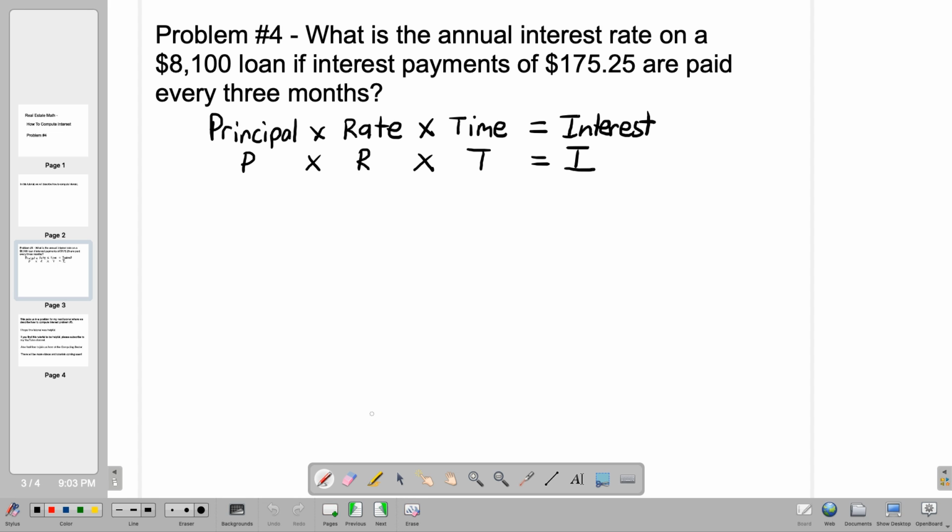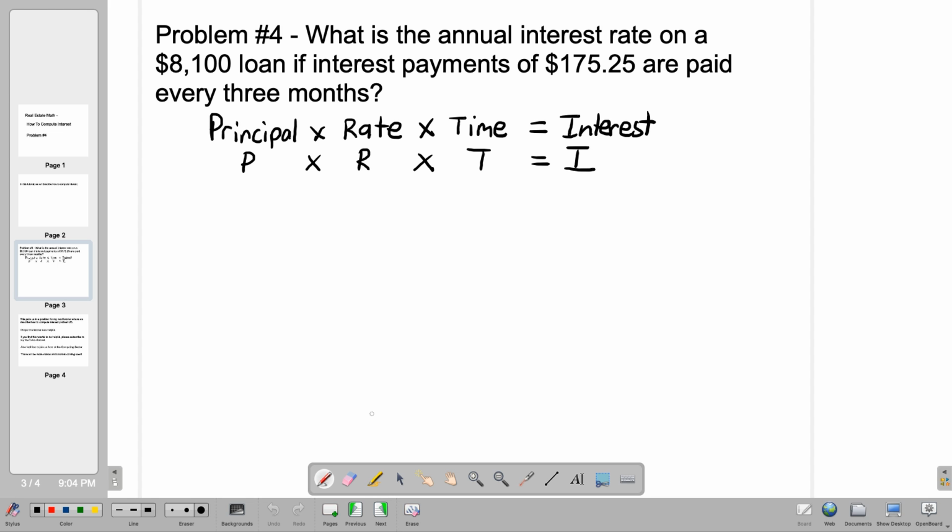To begin the solution, we want to stick with the equation principal times rate times time equals interest. I'm going to break it down to say P times R times T equals I. P represents the principal, R represents the rate, T represents the time, and I represents the interest.